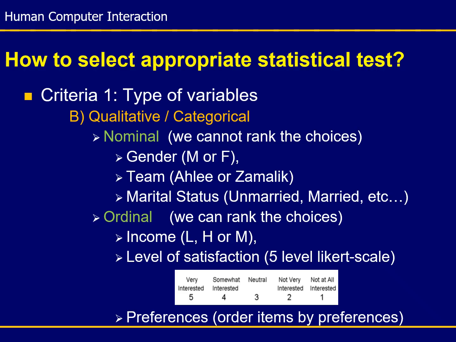If we can order the choices, then we will call it an ordinal categorical variable. If there's no meaning to ordering the choices, then we will call it a nominal qualitative variable. Things that we cannot order are, for example, gender, or team preference, or marital status. There's no order there. So if it's not ordered, then it's nominal. If it's ordered, it's ordinal.